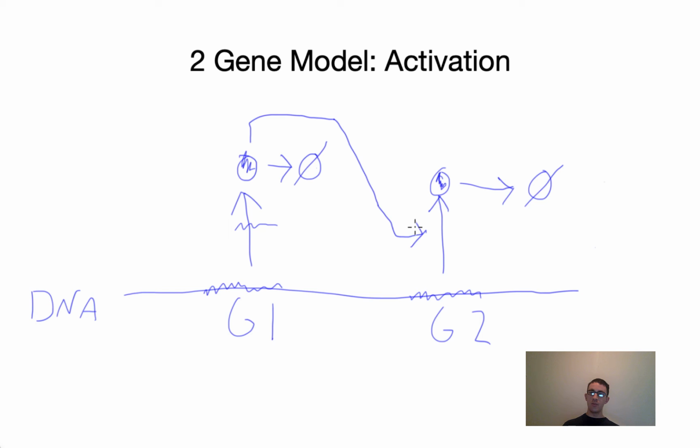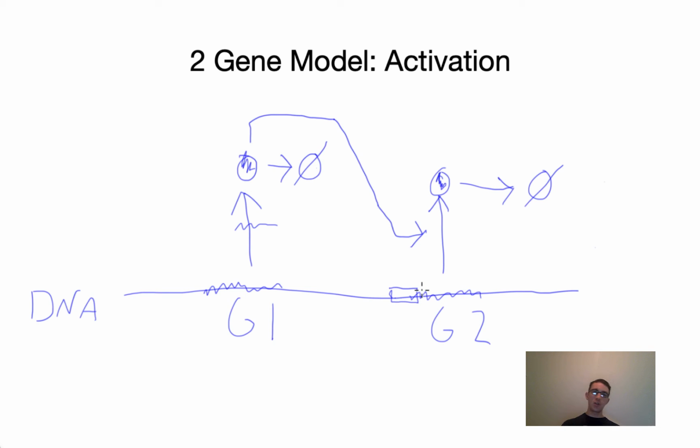There are things called transcription factors. These are proteins that are coded for by one gene and are involved in the transcription of another gene. What a transcription factor might do is bind to the promoter region here, and then make it easier for RNA polymerase to attach here and begin transcribing this gene.